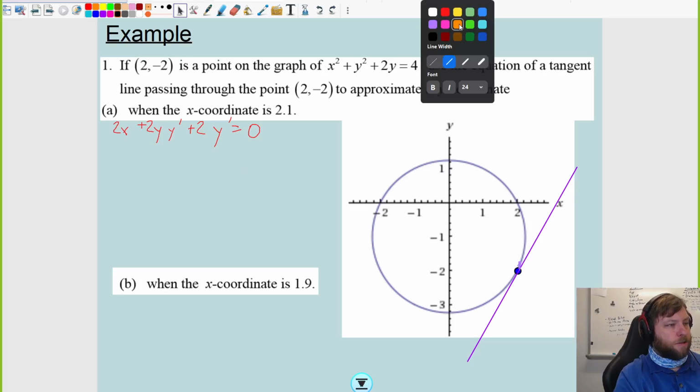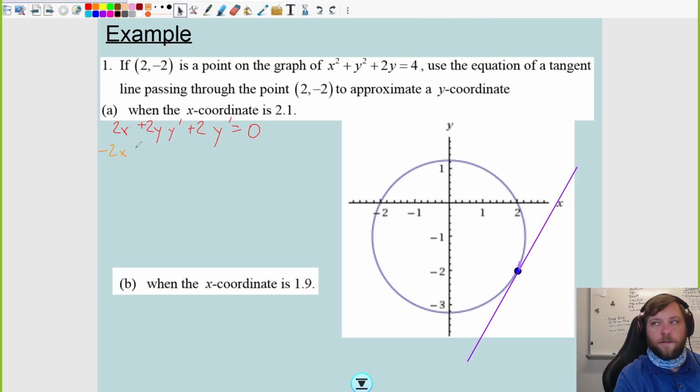I'm going to subtract that 2x on both sides. 2y y prime plus 2 y prime equals -2x.